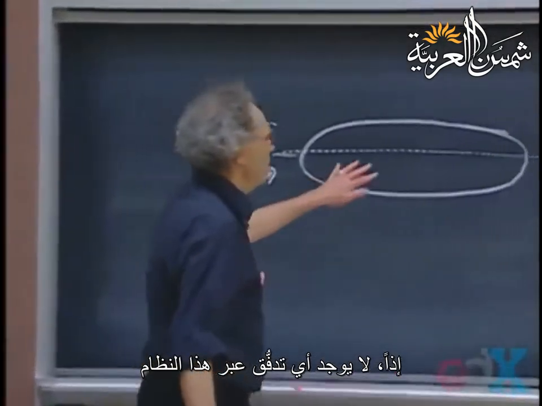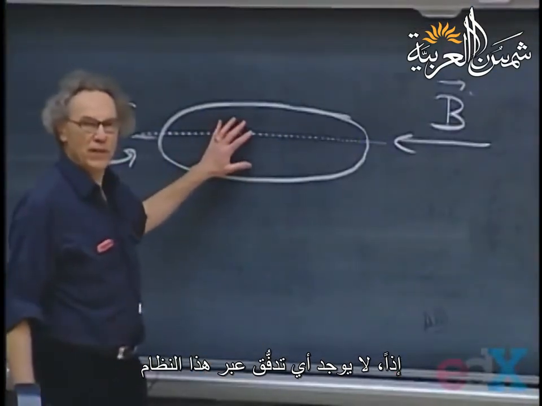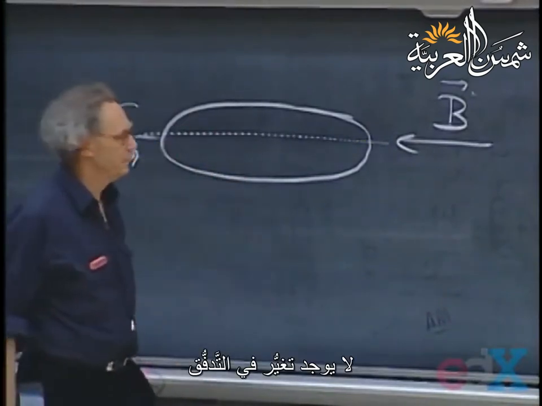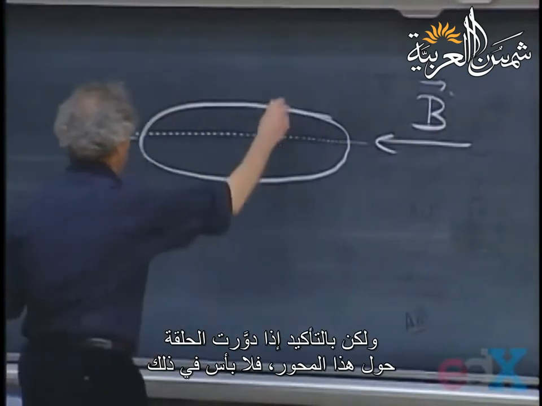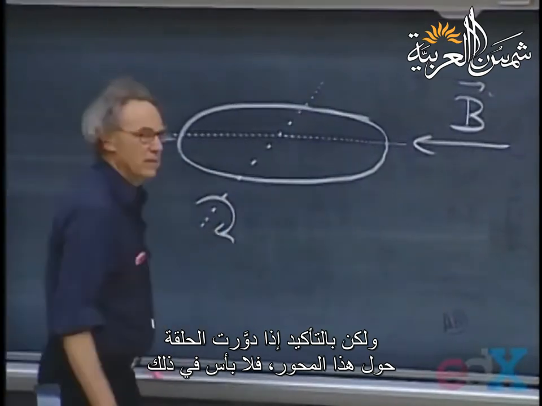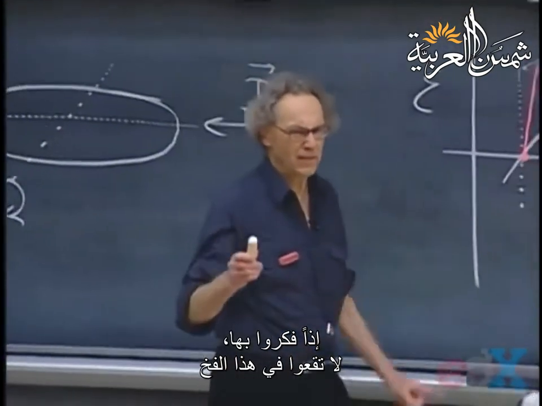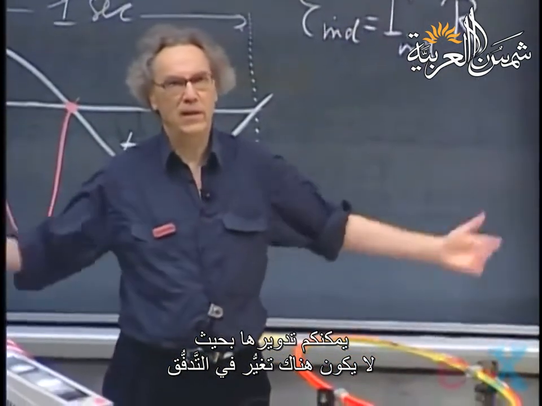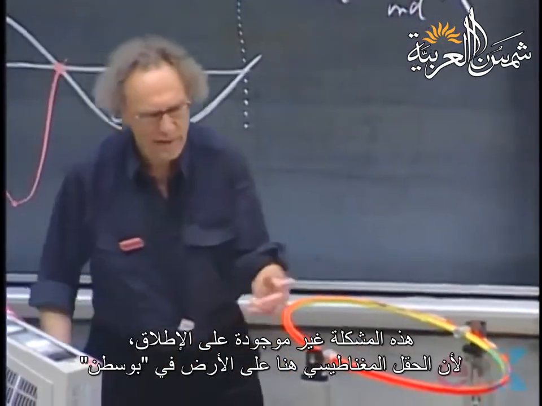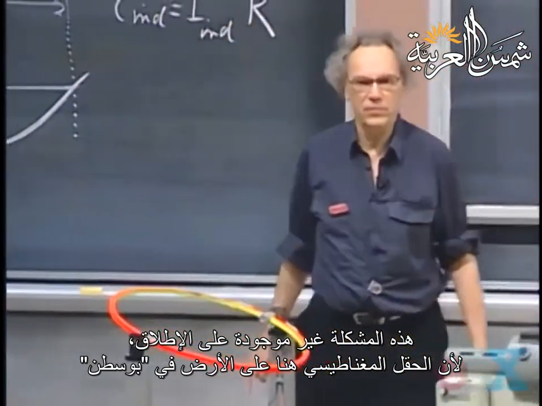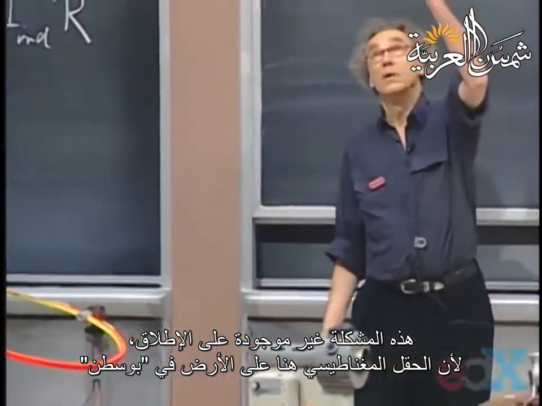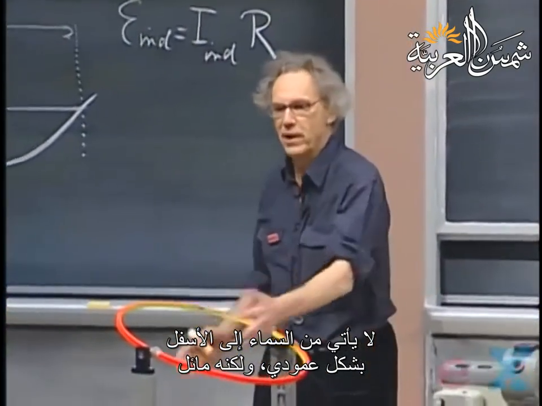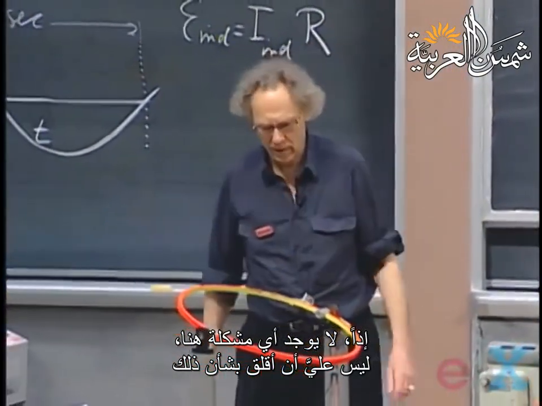So there's never any flux going through this system. No flux change. But of course, if you rotate it around this direction, that would be fine. So think about that. Don't fall in that trap. You can rotate in such a way that there is no flux change. We don't have that problem at all, because the magnetic field here on Earth in Boston doesn't come straight from heaven down, but it comes rather steep. So there's never any problem here. I don't have to worry about that.